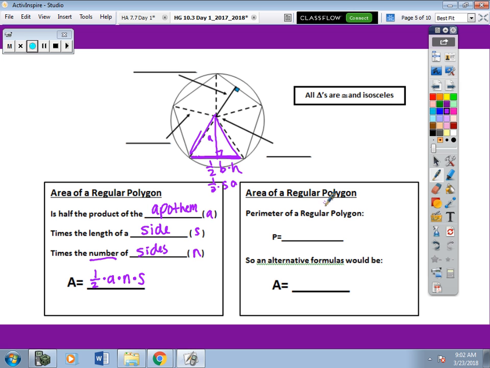Now, the perimeter of a regular polygon. The perimeter, remember it's regular, would be one side length times the number of sides you have. So that would be n times S. Again, n representing the number of sides, and S representing one side length, because they're all the same.